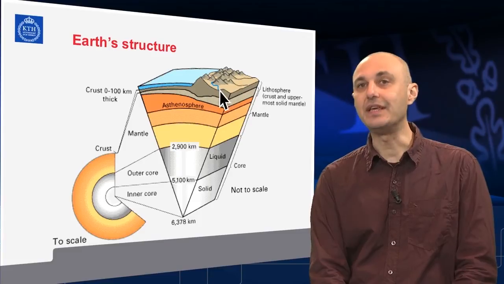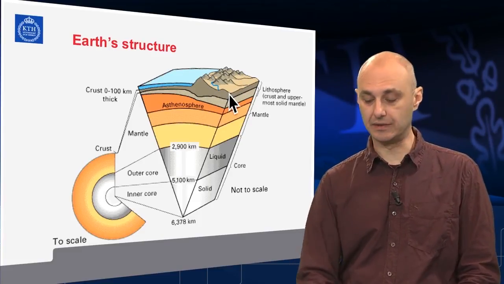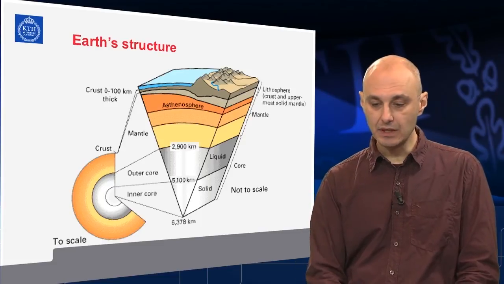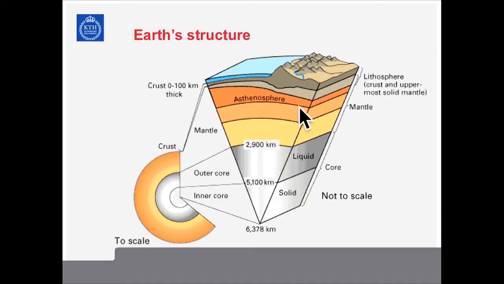And we can easily feel that the deeper we reach, the hotter the Earth becomes. The asthenosphere is the half-molten liquid part on which the continents or the tectonic plates reside.